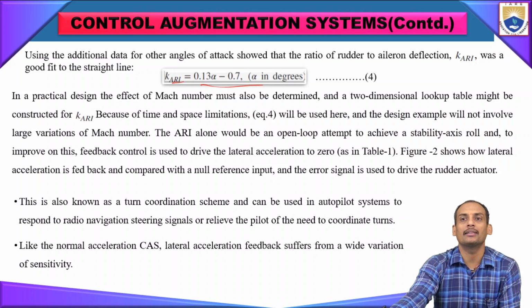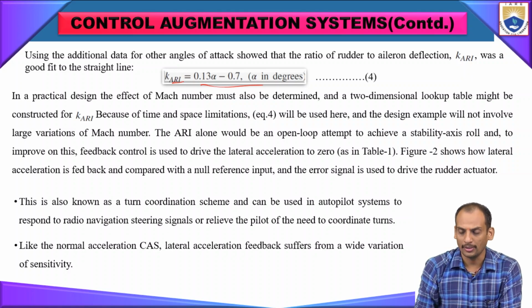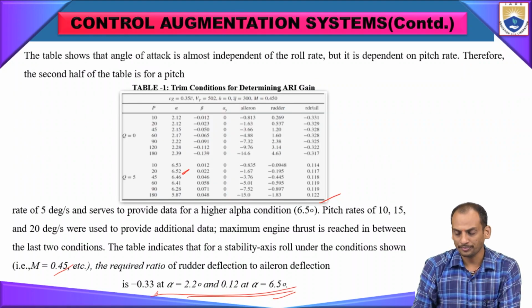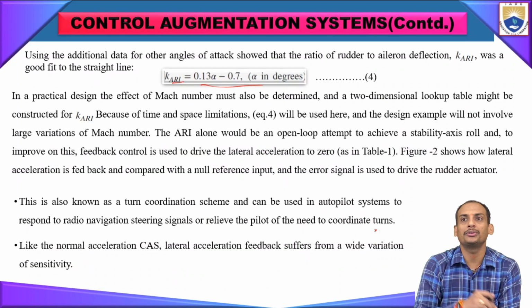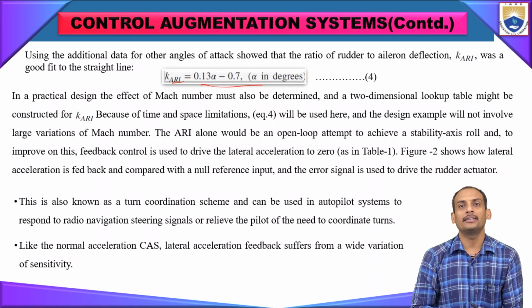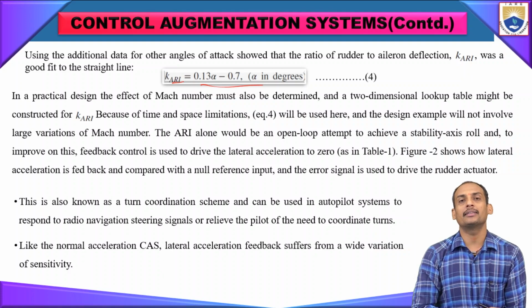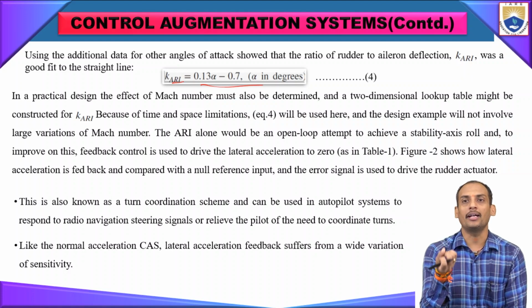As in table 1, in figure 2 you see the SAS system. Here the lateral acceleration is fed back and compared with a null reference input, and the error signal is used to drive the rudder actuator.